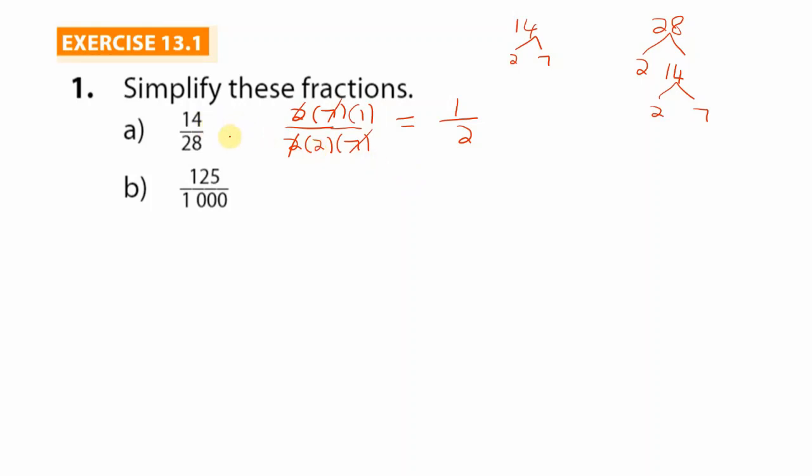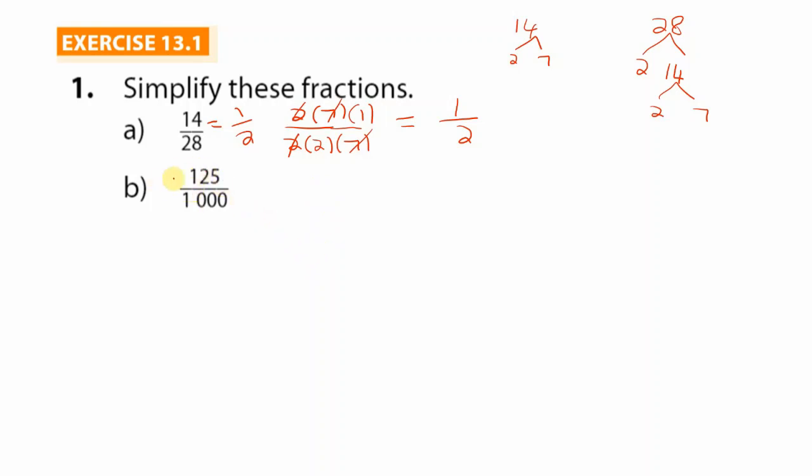So yeah, the other way that you could do it is just to ask what can go into 28 that can also go into 40 without remainder. Well, we know 14 can go into itself once, 14 can go into 28 twice.